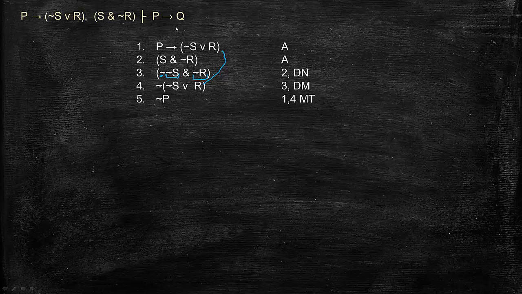So what you're going to do is go ahead and hypothesize P now. What you want is Q, but 5 and 6 contradict each other, right? Not P and P, and the contradiction rule says, well, anytime you have a contradiction, you can just write anything you want. So you got not P and you got P, and that allows you to write Q.